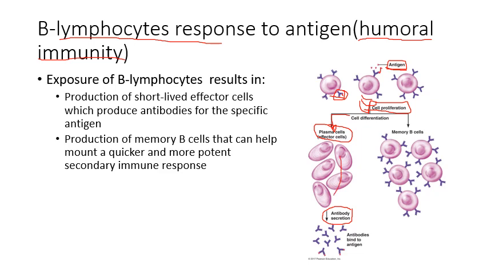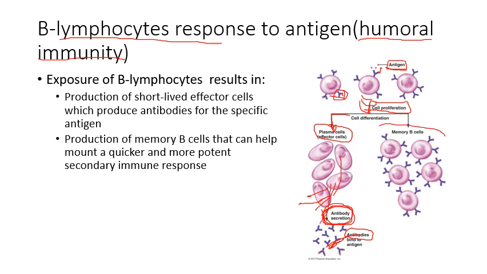Their job is basically to secrete tons of antibody, and if this is a B cell for coronavirus, these antibodies would be for the antigen on coronavirus, and would bind to the coronavirus molecule. We will see what effects this binding of antibodies has. There are multiple effects that can take place, but basically the B lymphocyte's job is to secrete those antibodies.